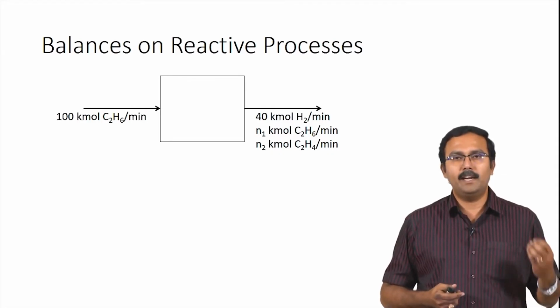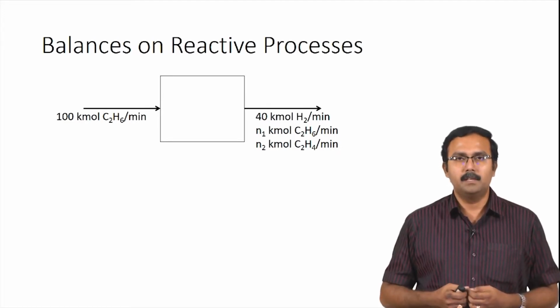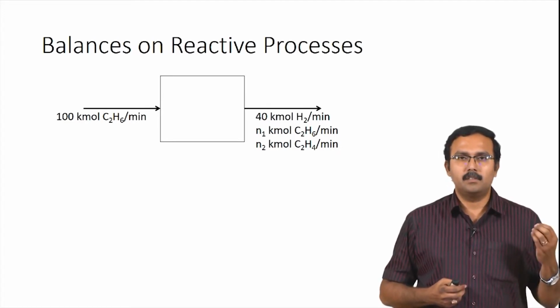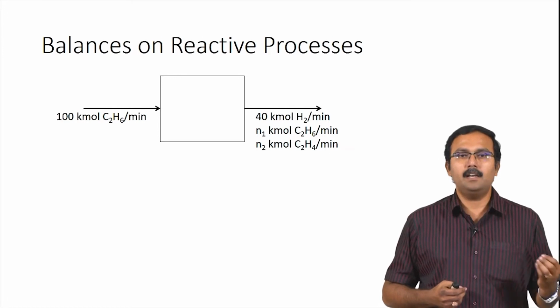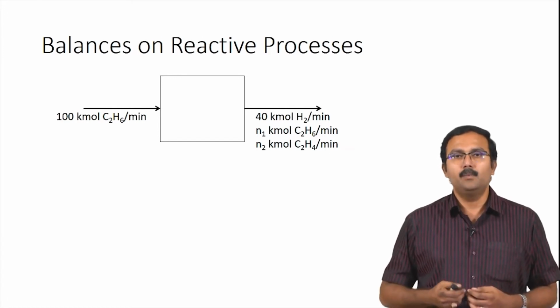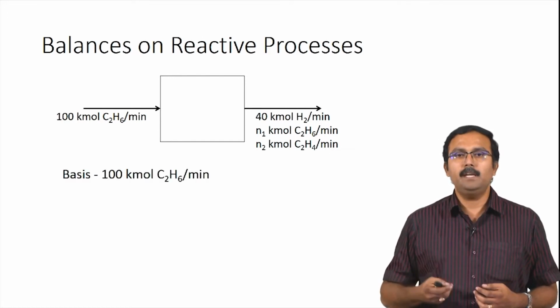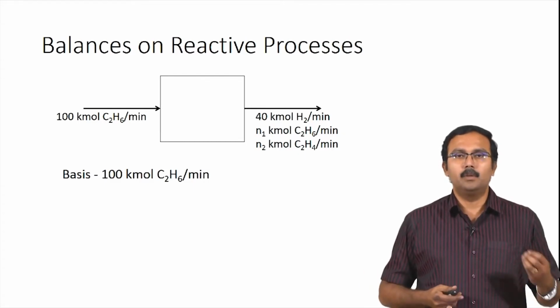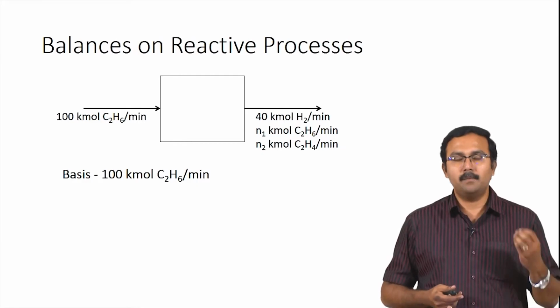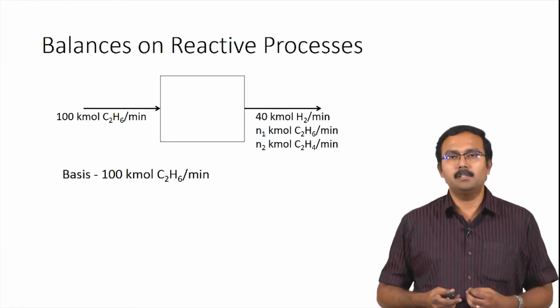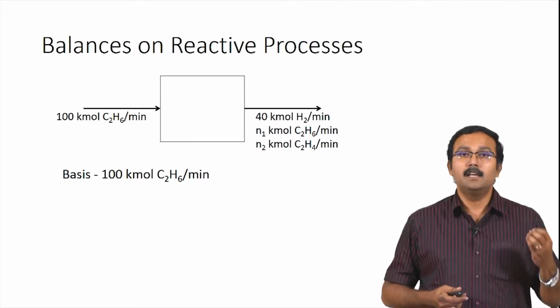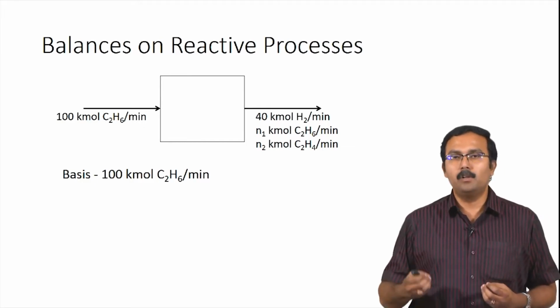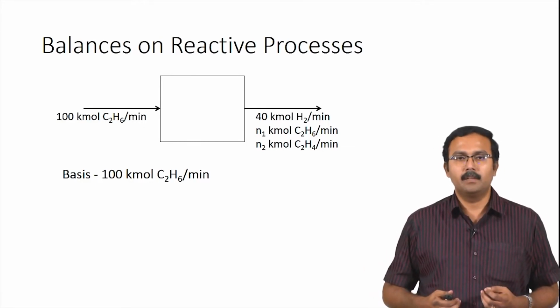Before that, we need to identify the basis for the system. For the given conditions, you have 100 kilomoles of ethane entering, which means the basis would be 100 kilomoles of ethane per minute. Now, the total mass balance should be written in terms of masses, not in terms of moles, as we already looked at. Mass is conserved, number of moles is not conserved during a reaction.